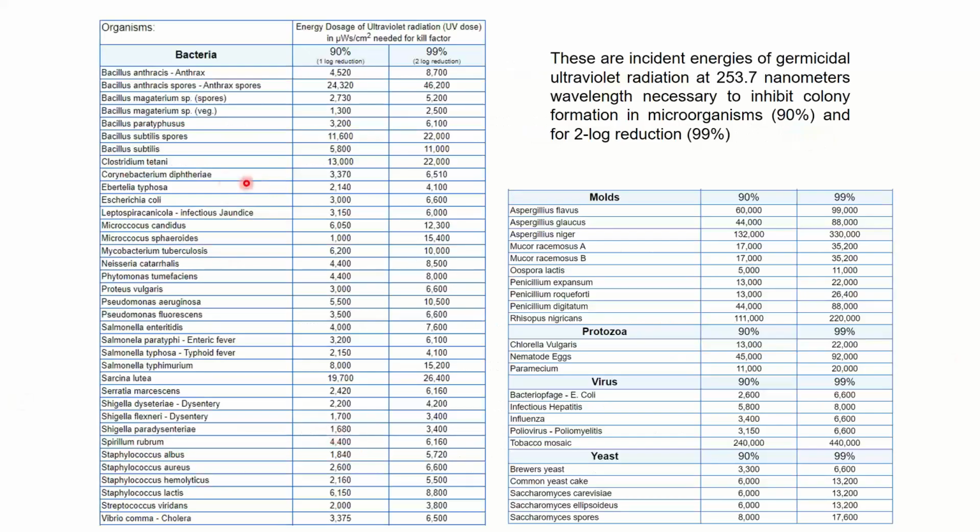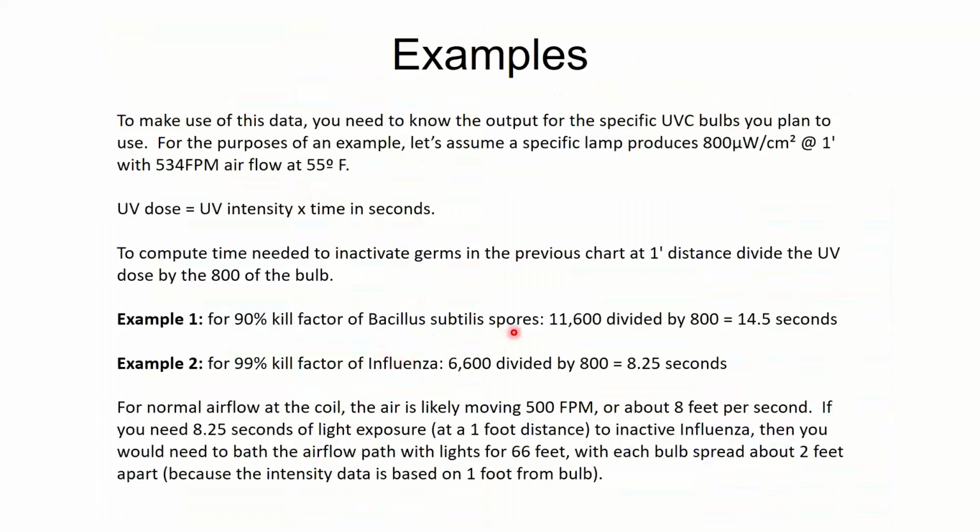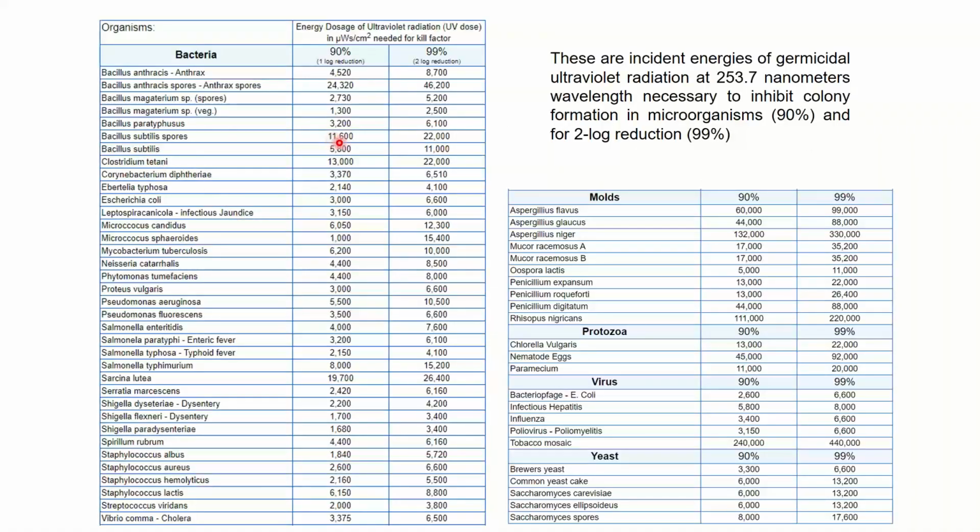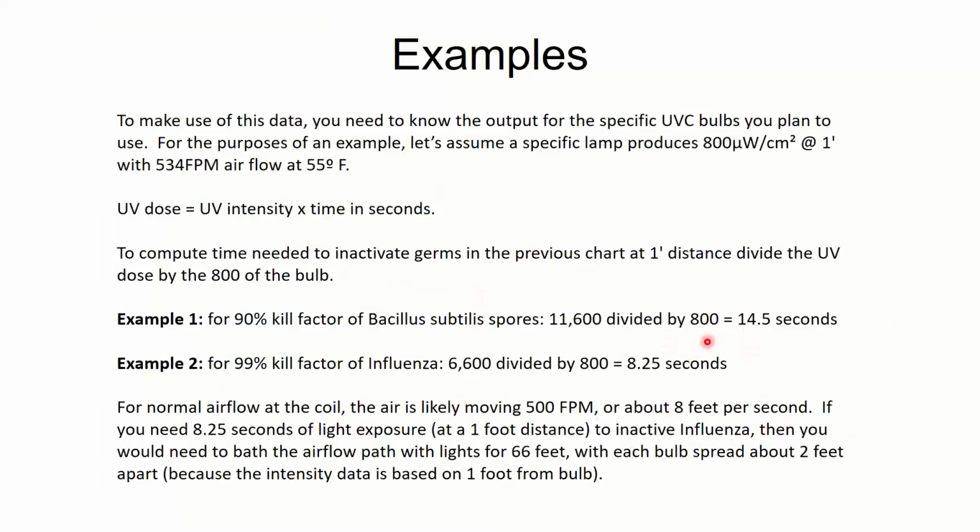Wait a minute. No. I did the spore. That's why. So 11,600 is my intensity needed to kill 90%. I'm on this one, Bacillus subtilis spores. The difference between the spores and the actual thing, I don't know. But I just picked one randomly. So divided by 800, I need 14.5 seconds of shine time to kill those guys effectively.